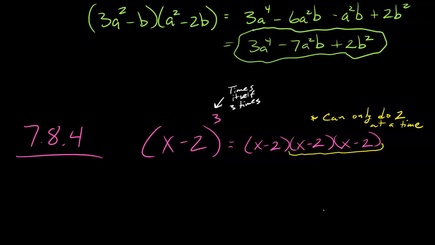But you can only do 2 of them at a time. I mean, you could theoretically choose the first and the third, but that'd be weird. It'd be more complicated than needed. So you can only multiply 2 things at a time. I'll multiply the last 2. And so you would FOIL them out. And I'll tell you what you get. I'll just give you the answer.